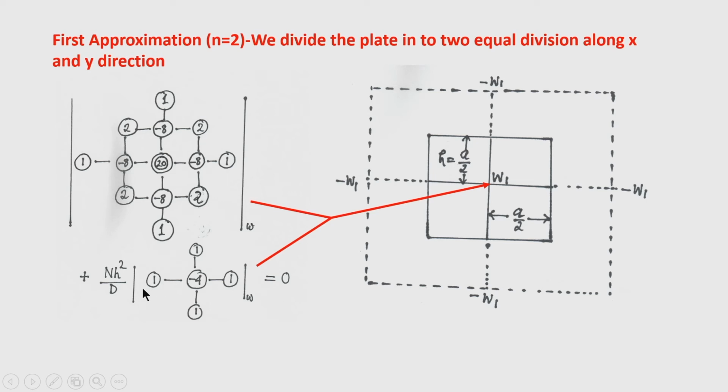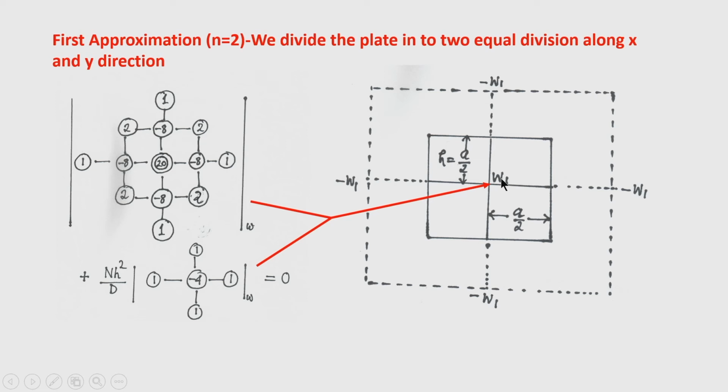Then let us see this term N a square by D: 1, minus 4, 1 vertically and 1, minus 4, 1 horizontally. That means the circle with coefficient minus 4 has to be placed at the node. So, if I place this circle containing the coefficient minus 4 here, the other points, say 1, are falling on the boundary, this is falling on the boundary, this is falling on the boundary, and this is also falling on the boundary.